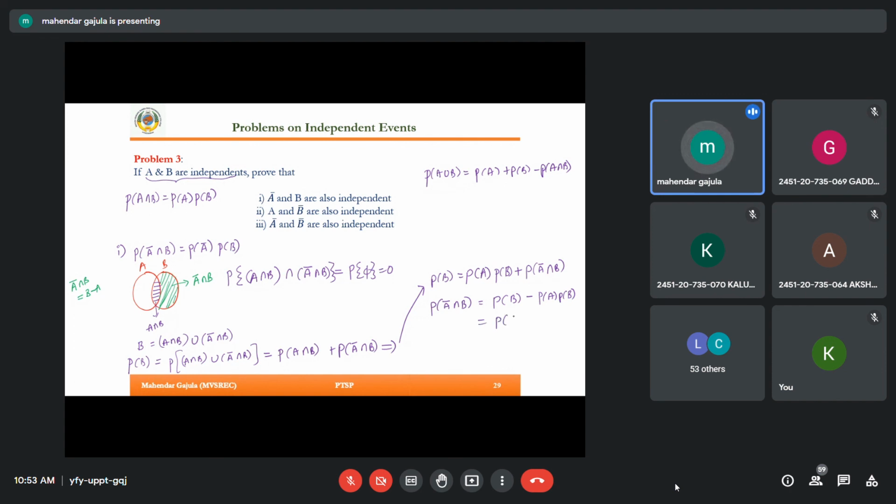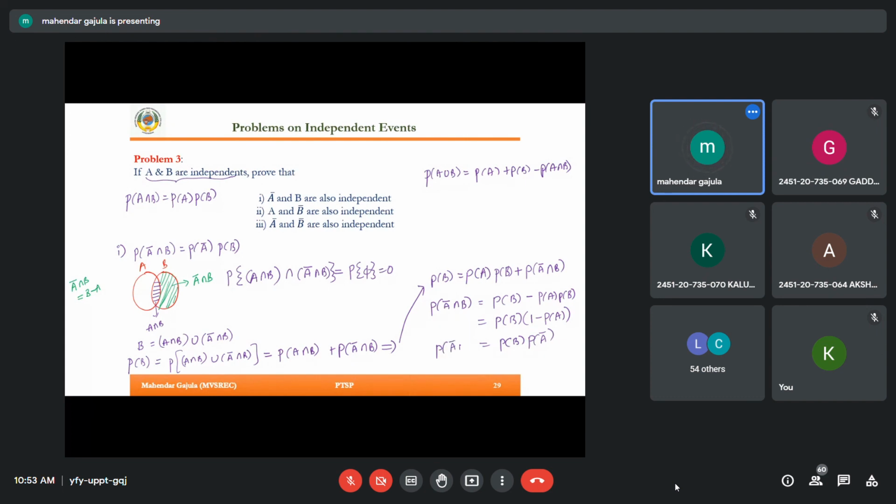Let's take probability of B common. It leaves us 1 minus P of A. What is 1 minus P of A? It is P of A bar.